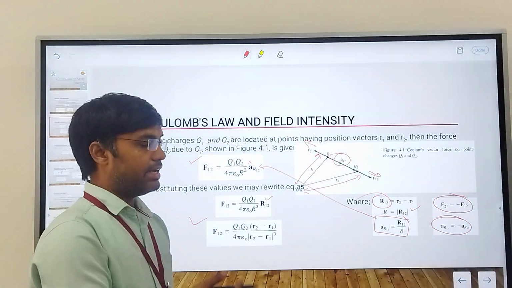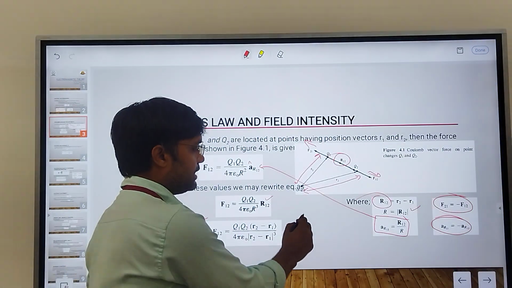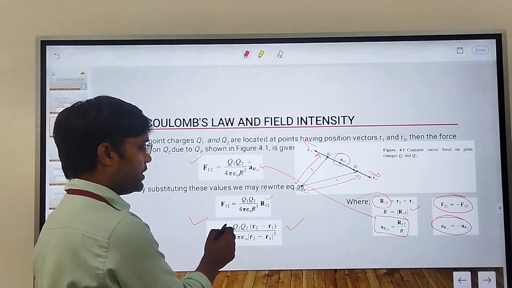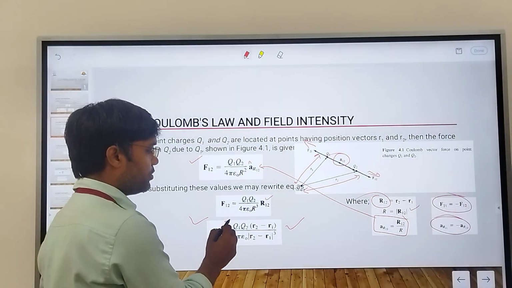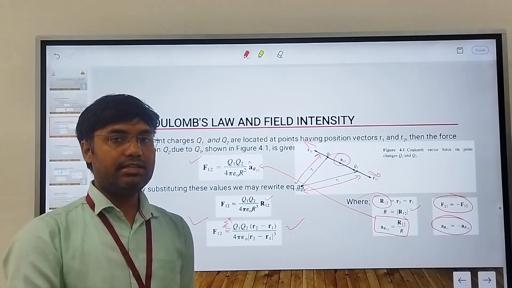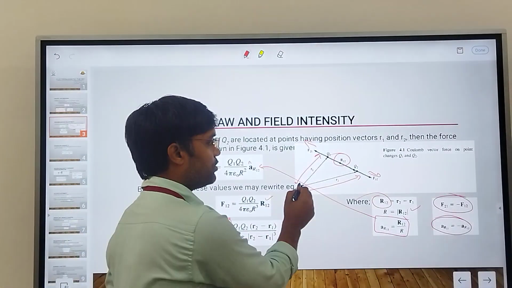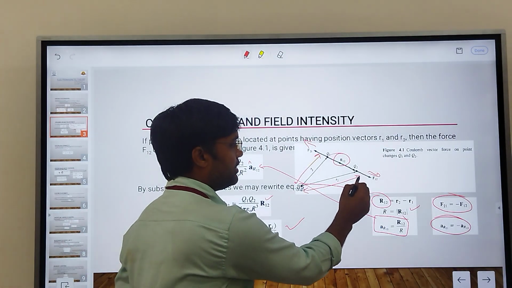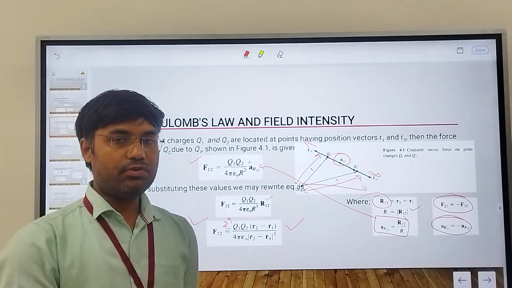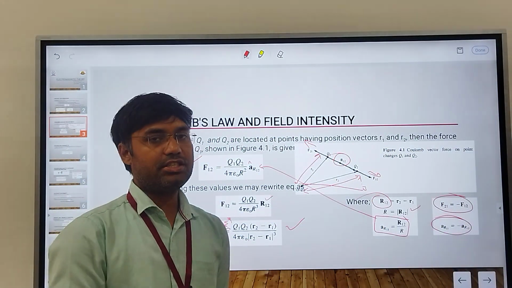So for numerical problems, we will use these formulas. If we have more than two point charges, we put a summation from n equal to 1 to k, and we subtract each position vector from 1 to 2 and 3, and we add all of these forces acting on the initial charge.